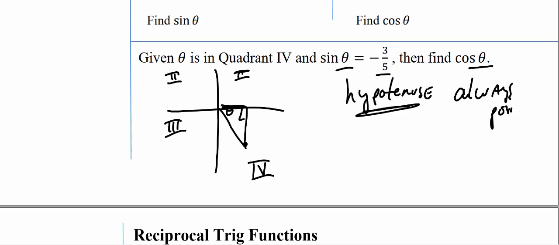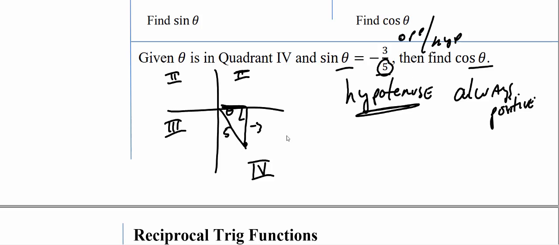It has to be, because when you do the Pythagorean theorem, it has to work out that way. So remember, the sine of theta is actually opposite over the hypotenuse. So this 5 is going to go here, and because it's positive 5, that's what's going to go there. It doesn't matter if it's a negative fraction, it's positive there.